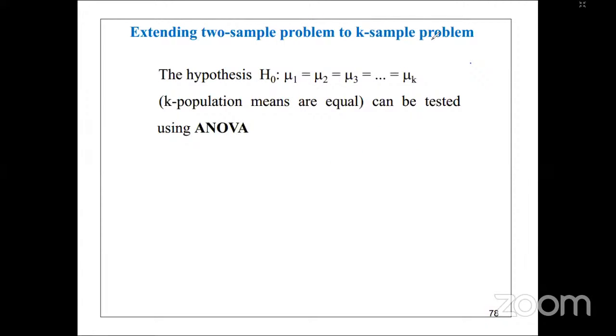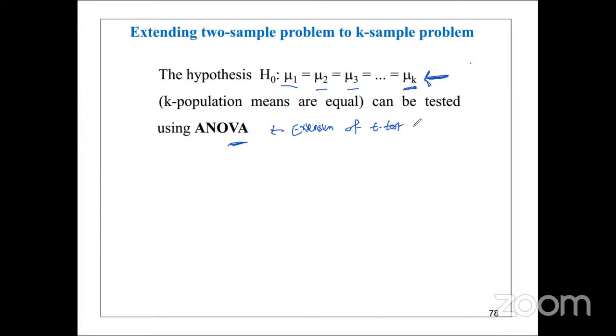Let me go further: if you want to extend your testing from a two-sample problem to a k-sample problem, then you can go for ANOVA. So remember when to use ANOVA. If you have k different populations, then you can go for ANOVA. ANOVA is actually an extension of the t-test.